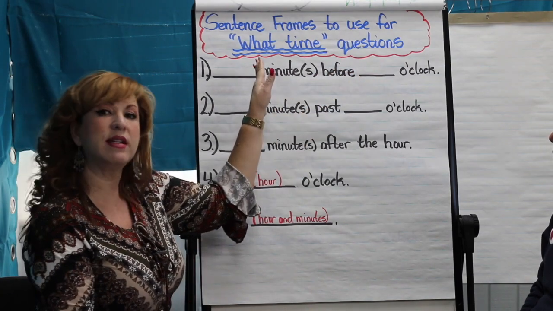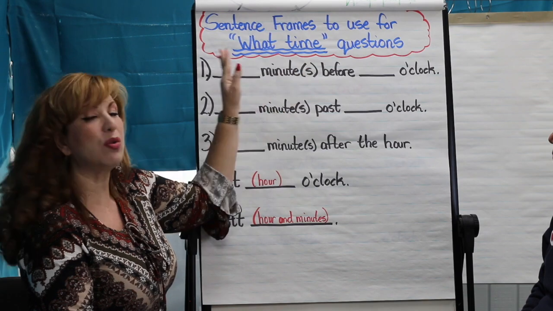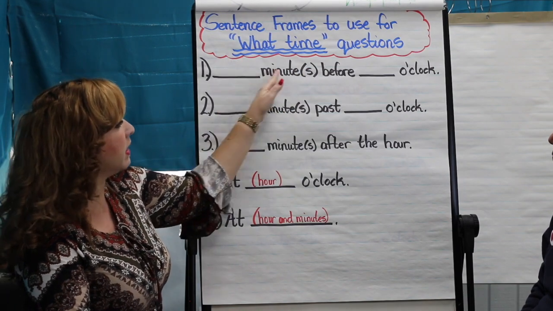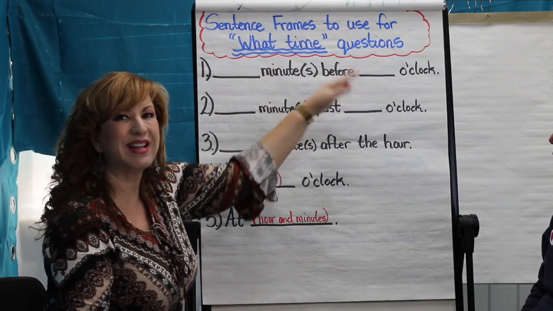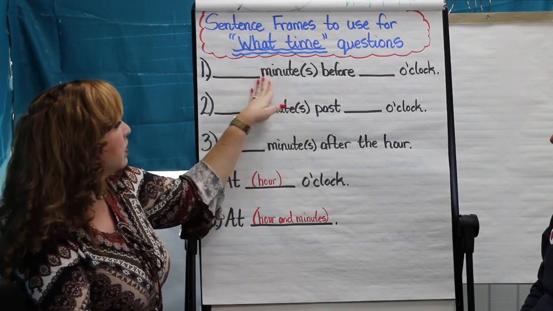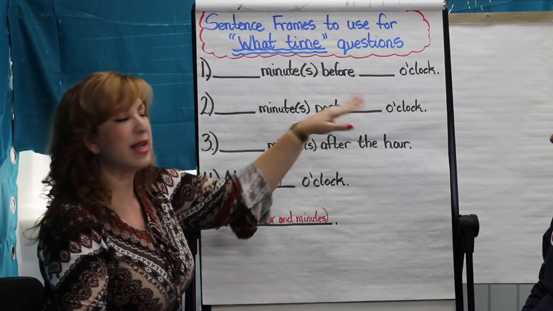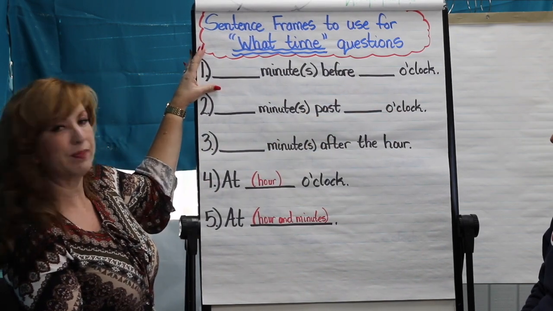So depending on the time, that's where you would plug in the minutes. So in reality, if I say it's 10 minutes before 1 o'clock, it's actually 12:50. So that's what we're saying. It's 10 minutes before 1 o'clock. Okay, so that is the first sentence frame.